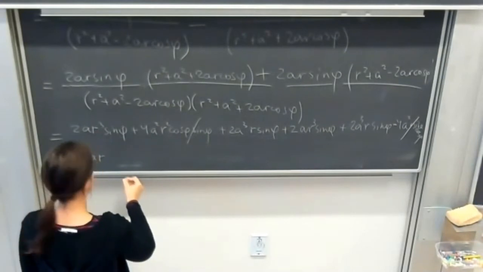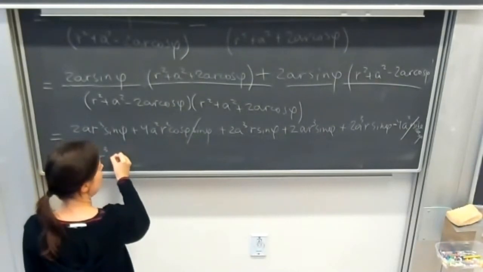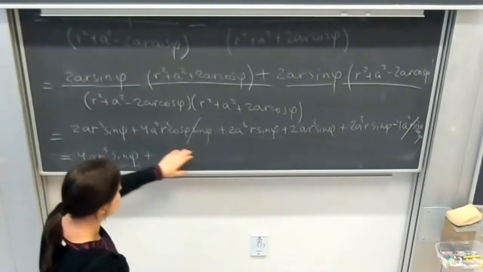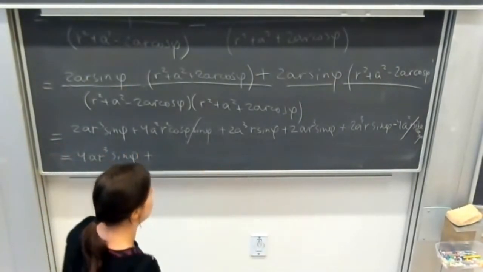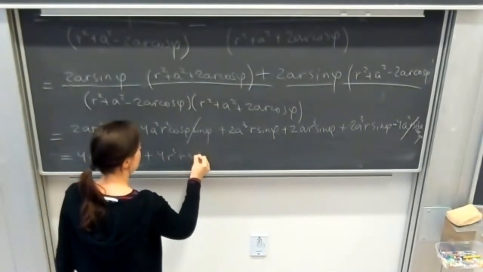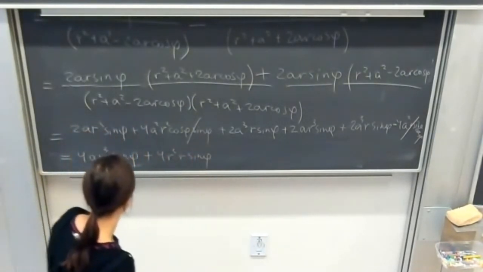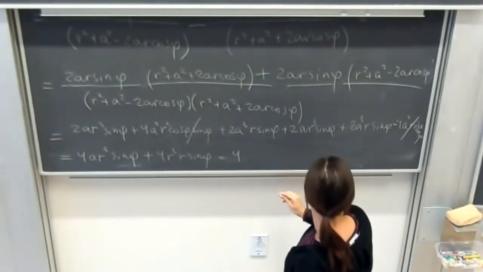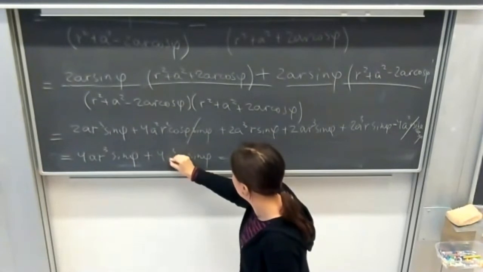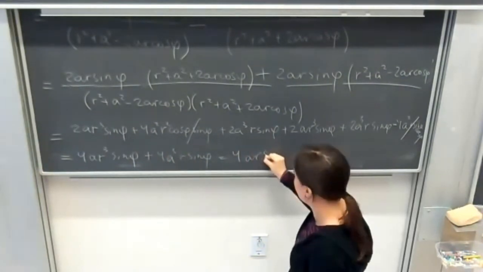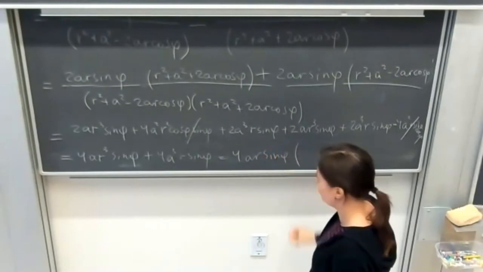Anyway, 4 a r sine phi can be taken out of the brackets.